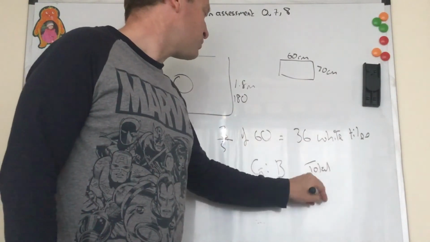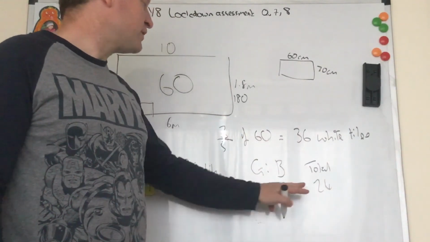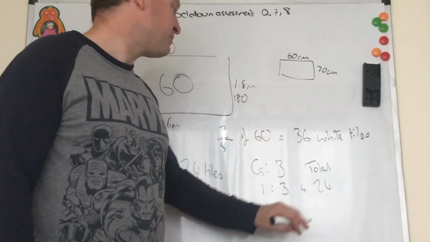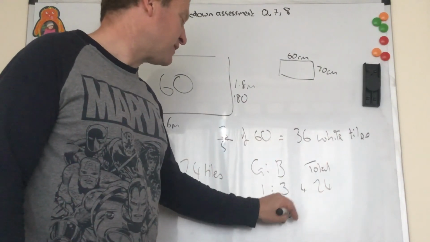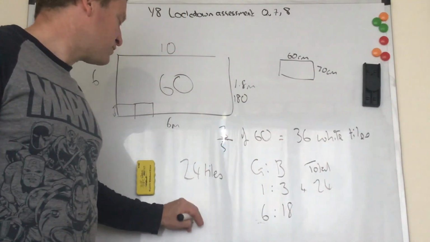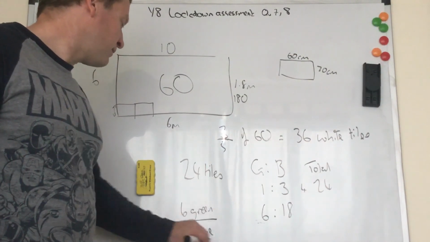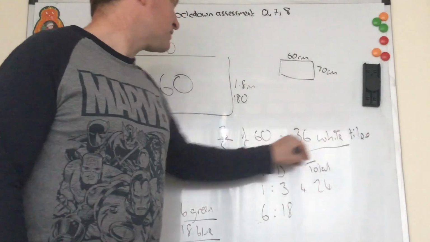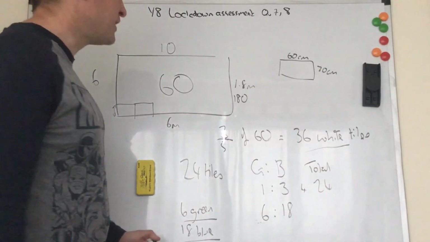And in total we've got 24. 1 add 3 is 4. What do we times 4 by to get 24? We have to times it by 6. So 1 times 6, 6. 3 times 6, 18. So I need 6 green and 18 blue. So 36 white, 6 green, 18 blue. Okay, that's question 8. Stay safe.